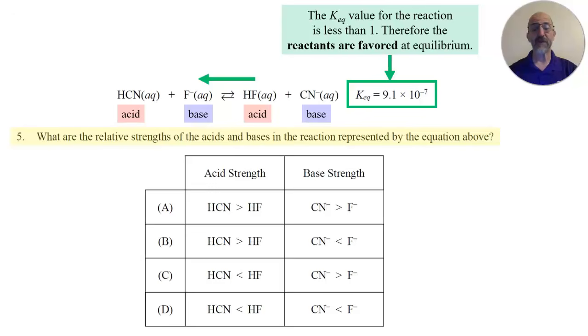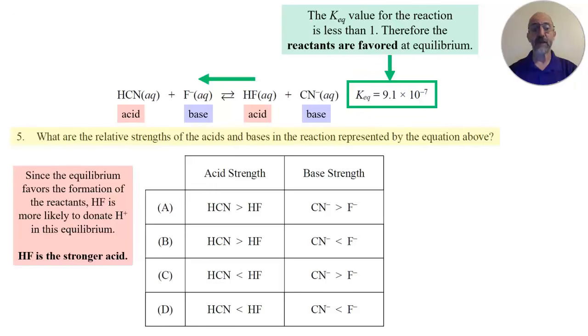So considering that this equilibrium is favored from right to left, favoring the reactants, if the equilibrium in this reaction favors the formation of the reactants from right to left, then that means that HF is more likely to donate H plus in this equilibrium. So HF is the stronger acid.